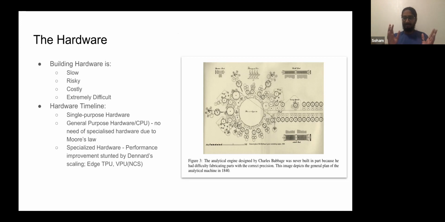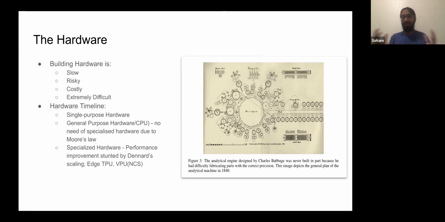They were meant to be built once to do some purpose, or some kind of work, and that's it. They just do that from then on. And this is all before the 1970s, by the way. The reason for that is that it was really hard to build general purpose hardware at the time.